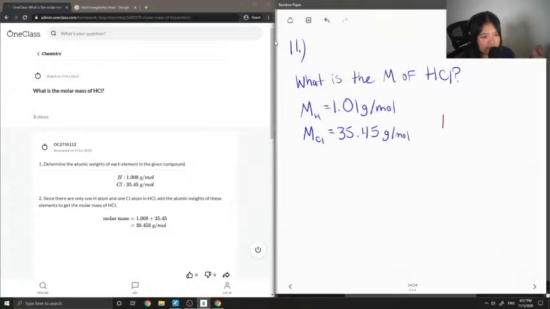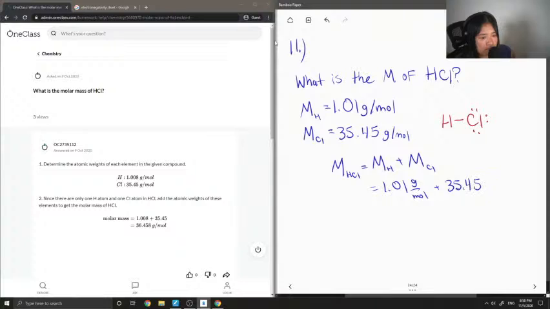So if we look at HCl, there's only 1 atom of hydrogen and 1 atom of the chlorine. So therefore, all we have to do is add these two values together. And we get a final molar mass of 36.46 grams per mole.